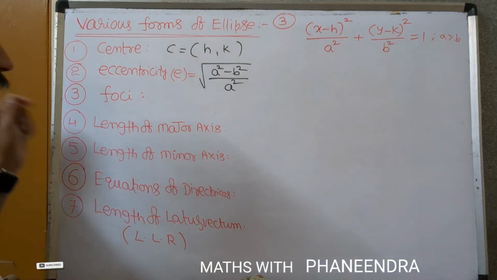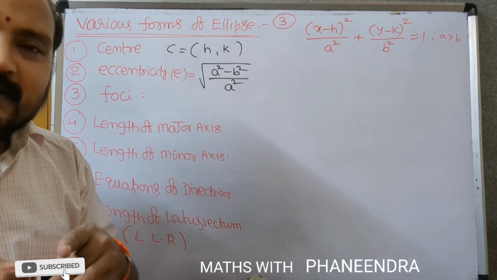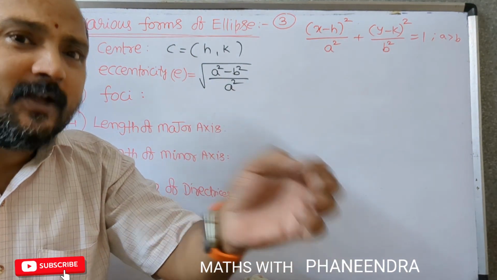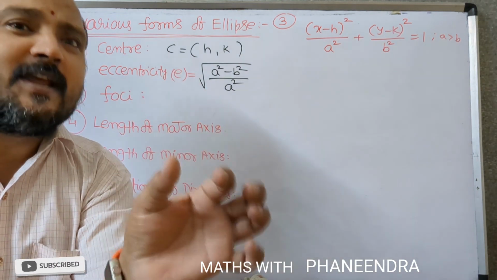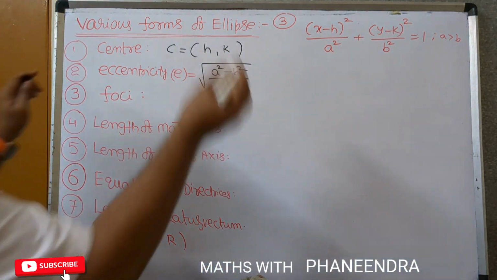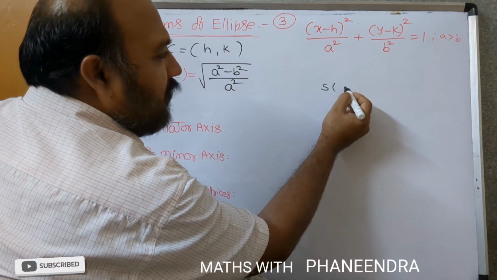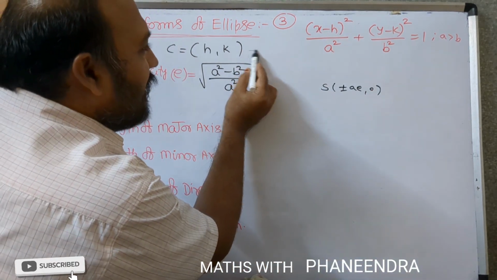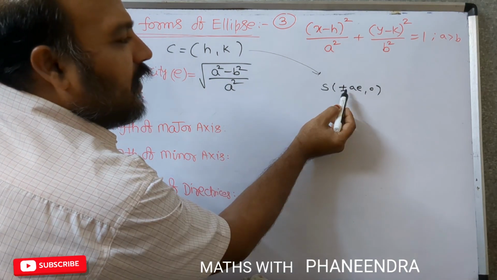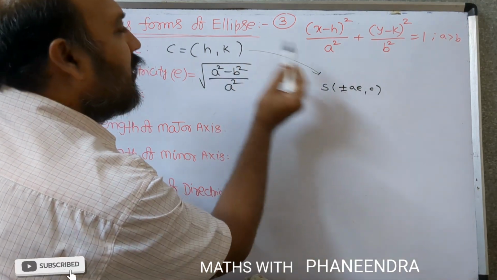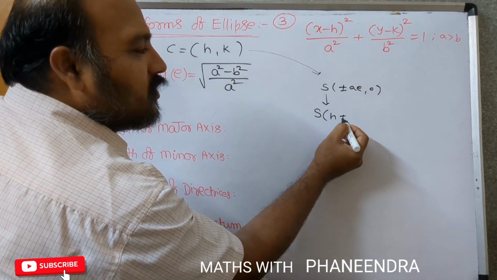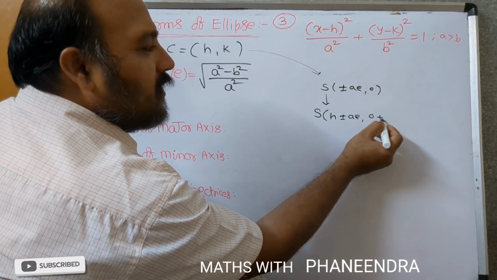Next, the coordinates of foci will change. Previously, a is greater than b, and the coordinates of foci are S of plus or minus ae comma 0. Just add the center: for x coordinate h, for y coordinate k. So it comes as S of h plus or minus ae comma 0 plus k.